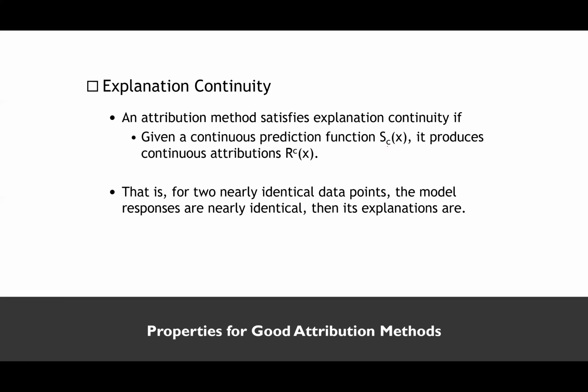Because the original prediction function is continuous, it produces continuous attribution. So when there are two nearly identical data points and the model responses are nearly identical, the attributions are also nearly identical. When the prediction is continuous, the attribution is also continuous.